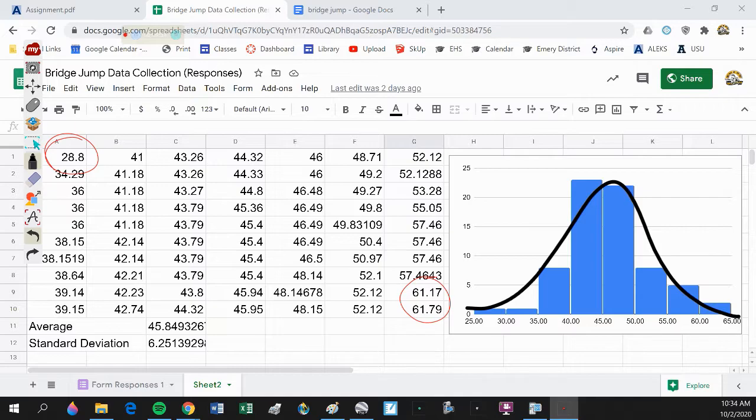If we find out that Zane's phone was in fact broken and that's the reason it was low, then we can toss it out. Right? Or maybe Zane's not smart enough to run a stopwatch. Then we can throw it out. But if we don't have a good reason to get rid of it, usually don't get rid of it. Now, sometimes we do, sometimes we don't. But the textbook we're reading suggests that you should not.